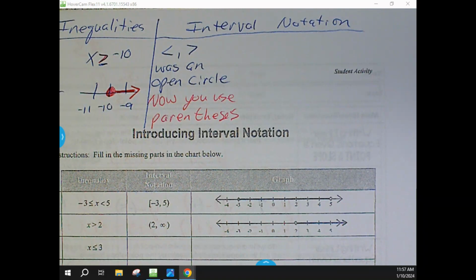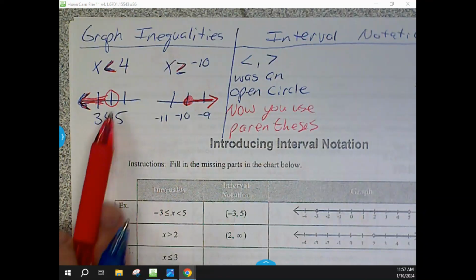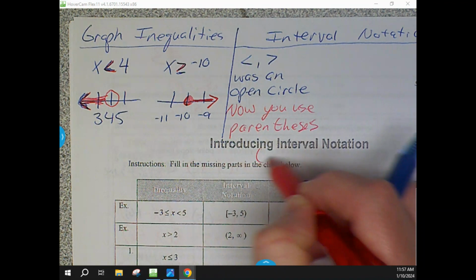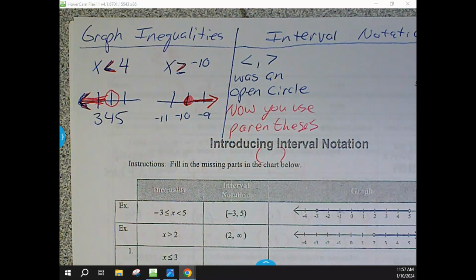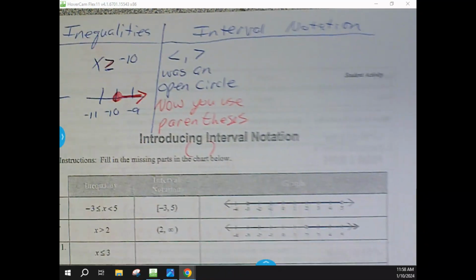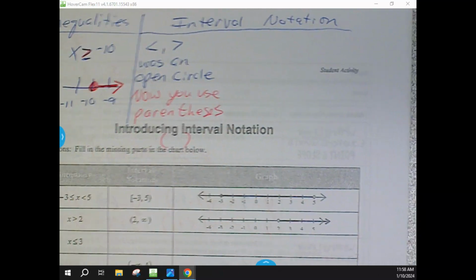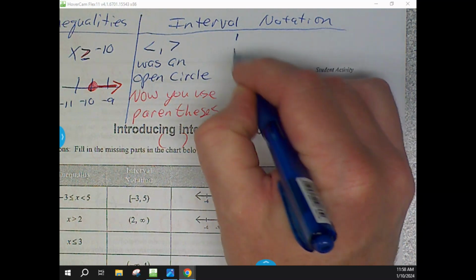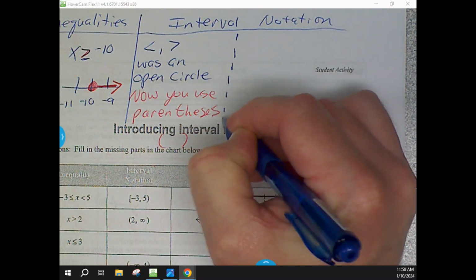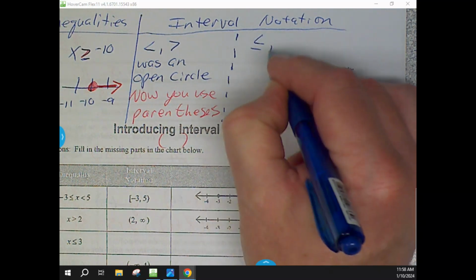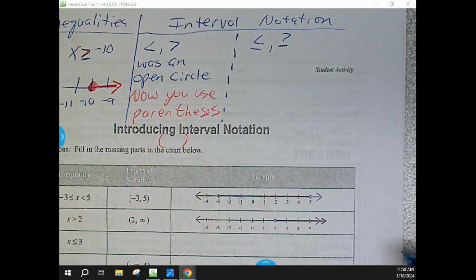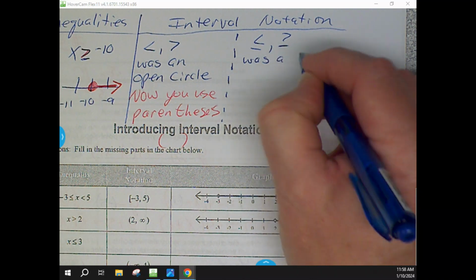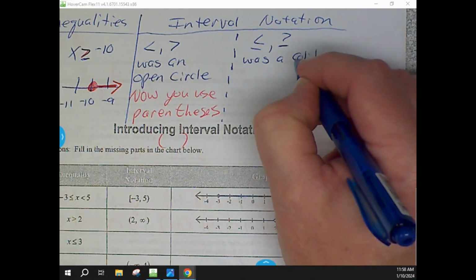Okay, so less than, greater than, instead of an open circle like this, when we describe interval notation, we're going to use a parentheses, which is going to be something like that. Okay, and if you had less than or equal to, or greater than or equal to, this was a solid circle.